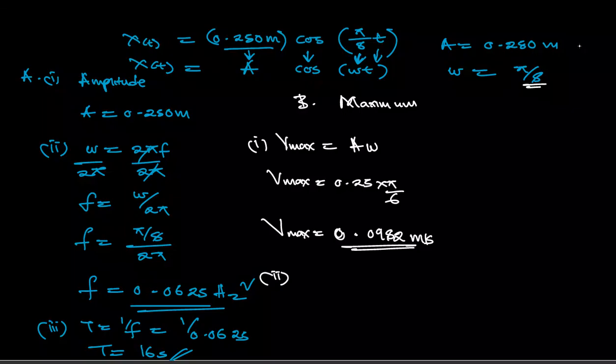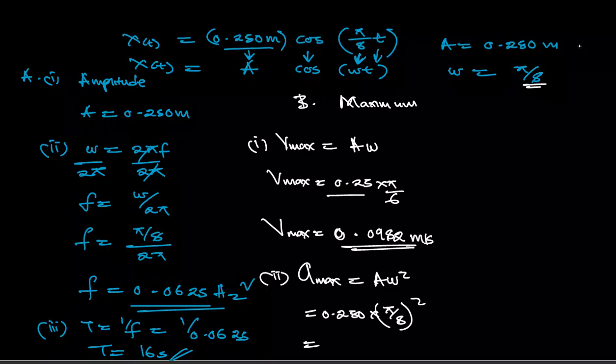Okay, what about the Amax? These are very simple once you just know the question that I gave you. So the Amax, which is maximum acceleration, is given by amplitude times angular frequency squared. The amplitude is still the same there, times pi over 8 squared.